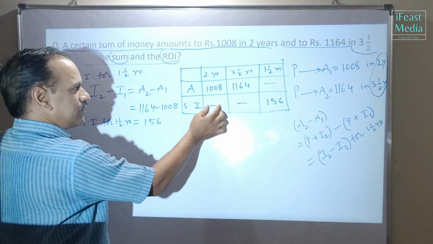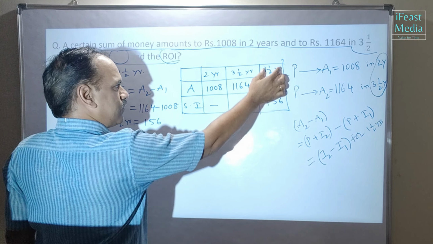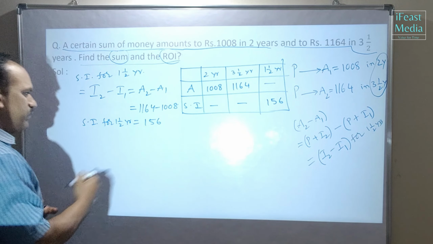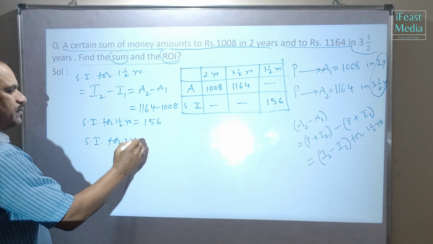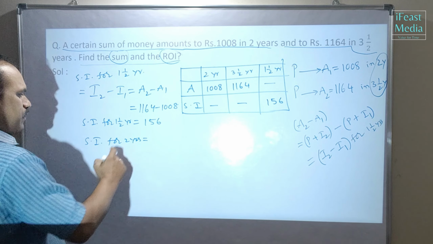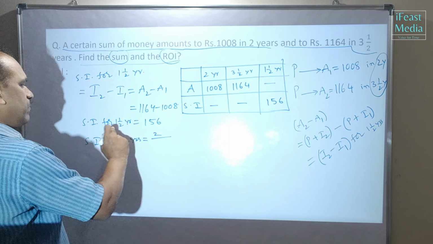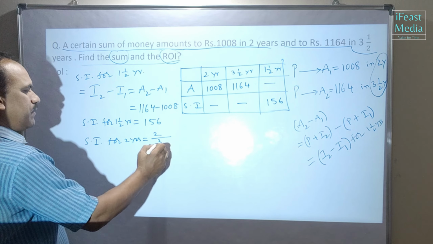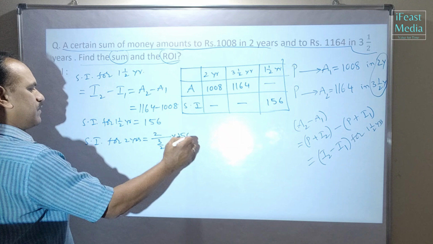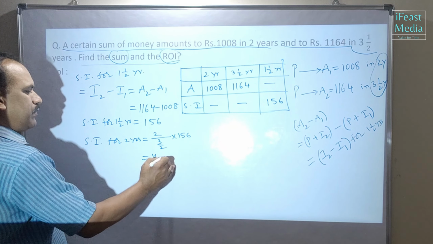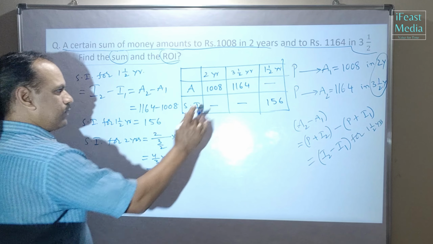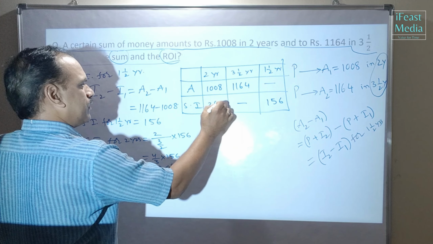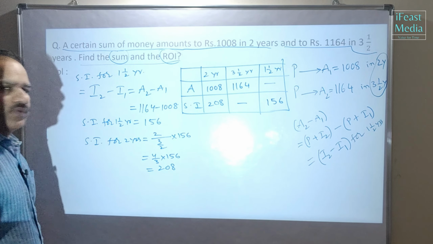Let us find simple interest for 2 years. We know simple interest for 1.5 years is 156. Then simple interest for 2 years is 2 by 1.5, that means 4 by 3 into 156, which is 208. So simple interest for 2 years is 208.